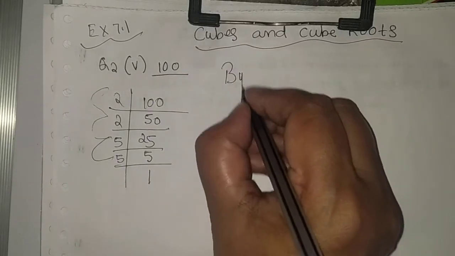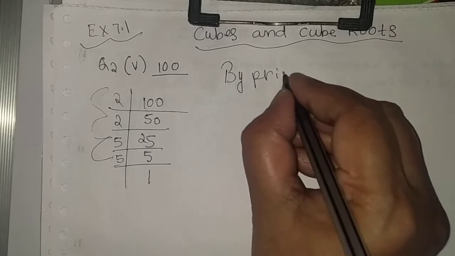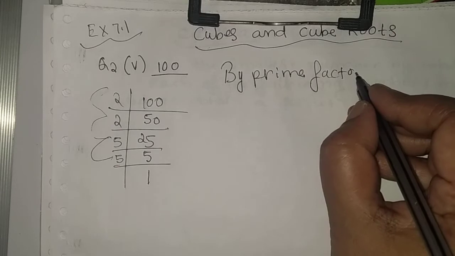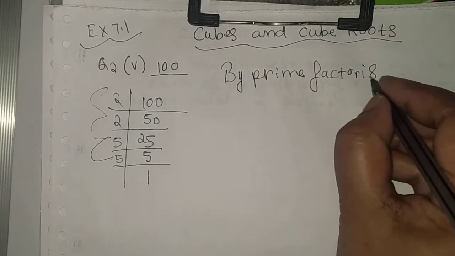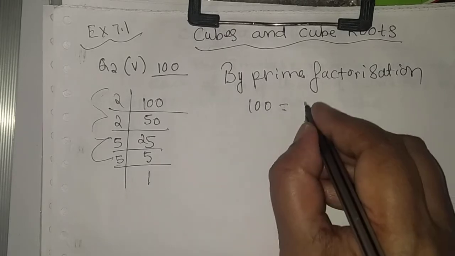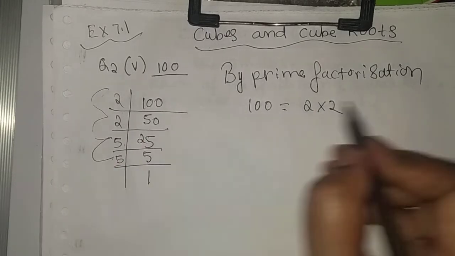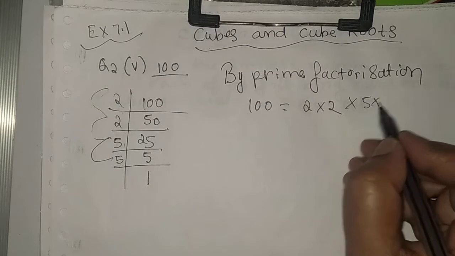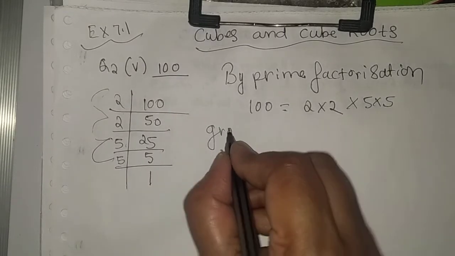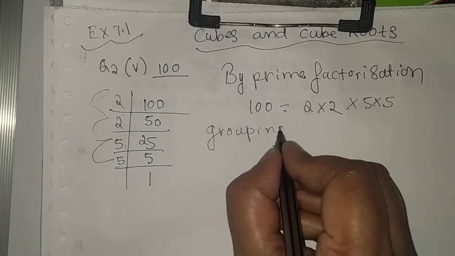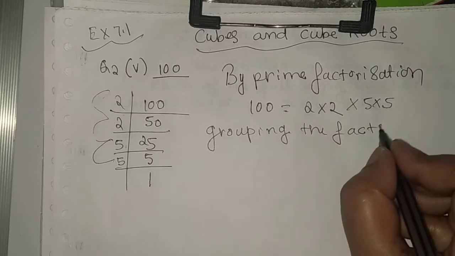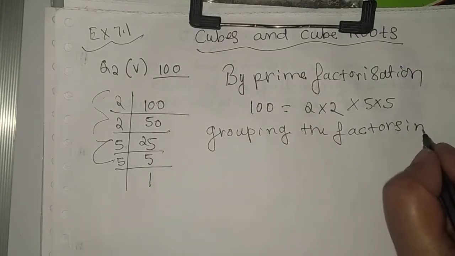By prime factorization, we write 100 equal to 2 into 2 into 5 into 5. The next step is grouping the factors in triplets.